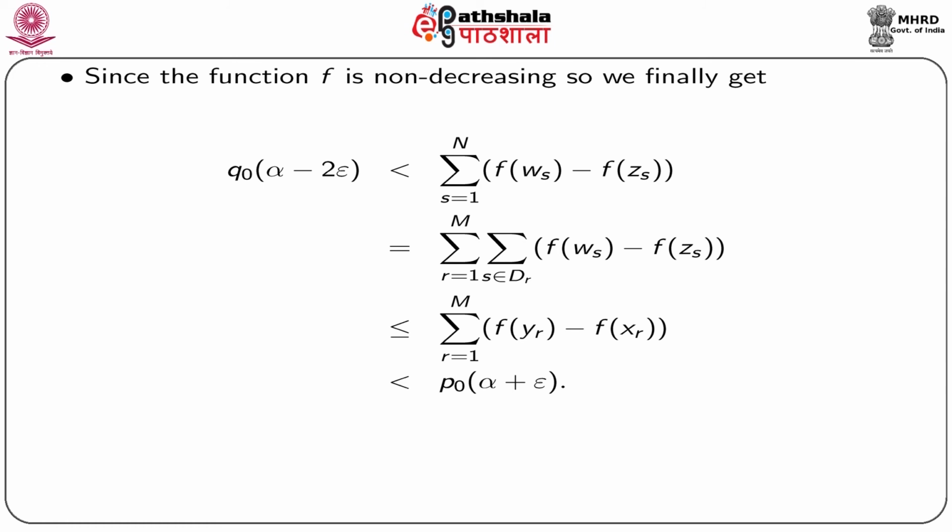This is by our equation less than the sum over s = 1 to N of f(Ws) minus f(Zs).